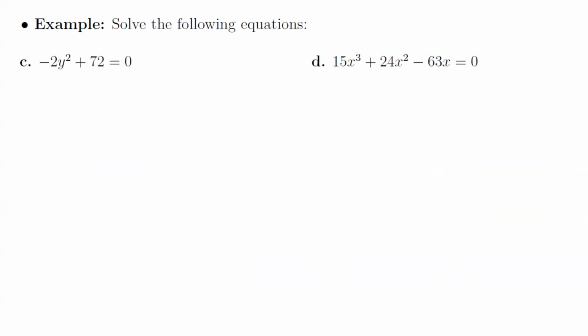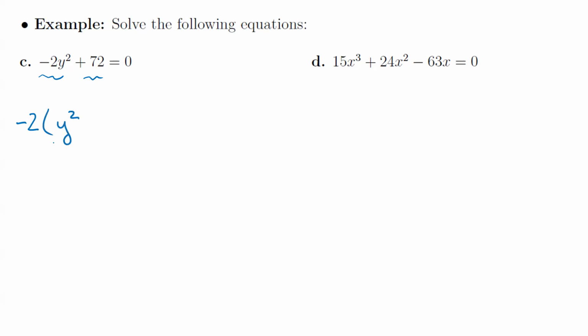Now part C, we've got negative 2y squared plus 72. And so we have one side set equal to 0, which is great. But then we're going to look for, is there anything we can factor out of both terms? Well, certainly a 2 can, but also we want our y squared to be positive whenever possible, so we'll go ahead and factor out a negative 2.